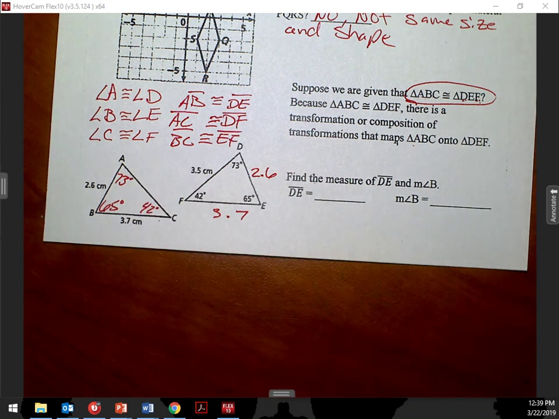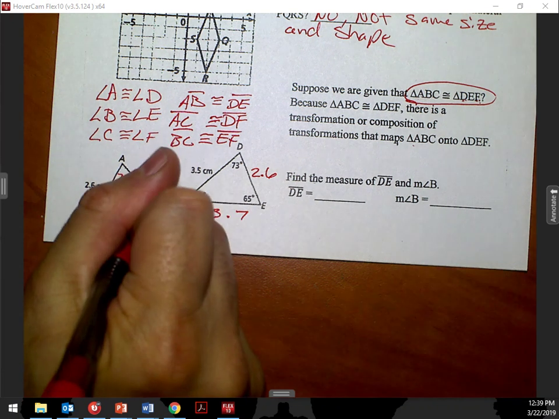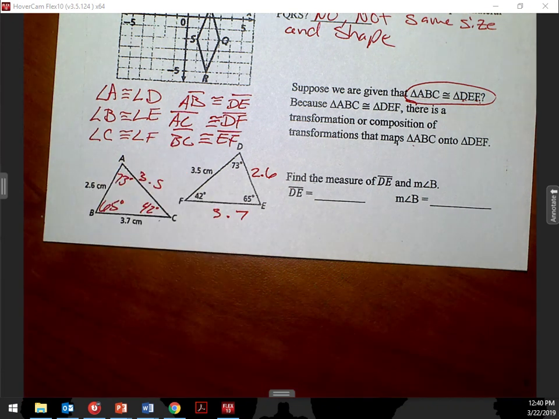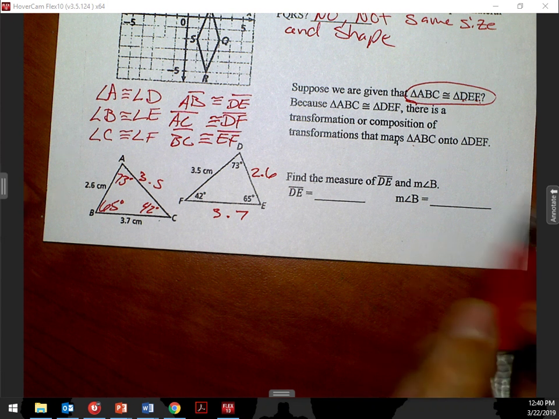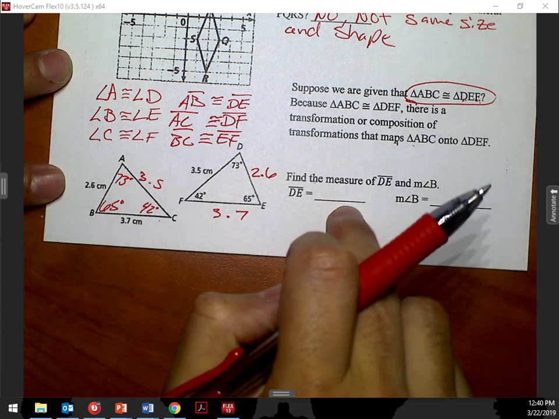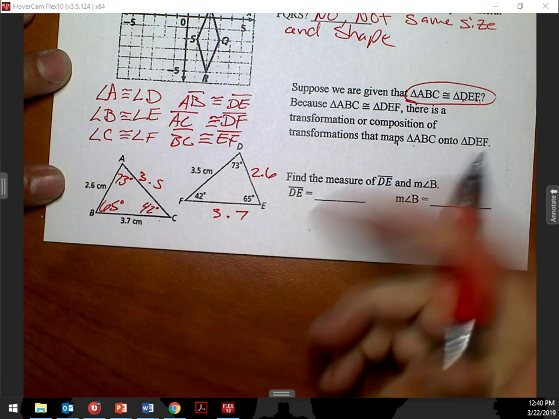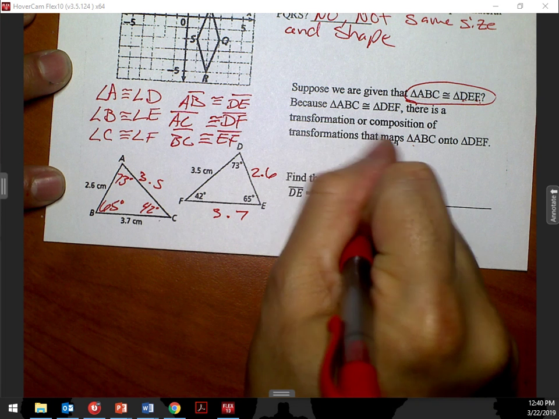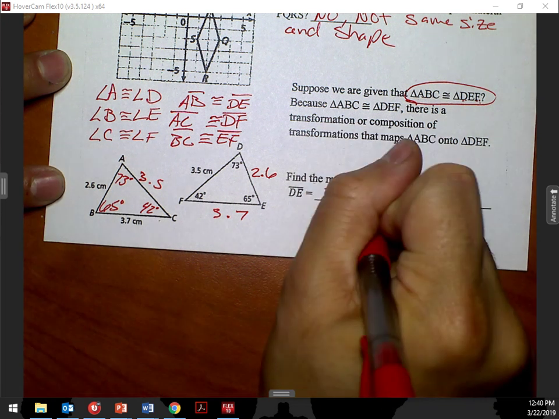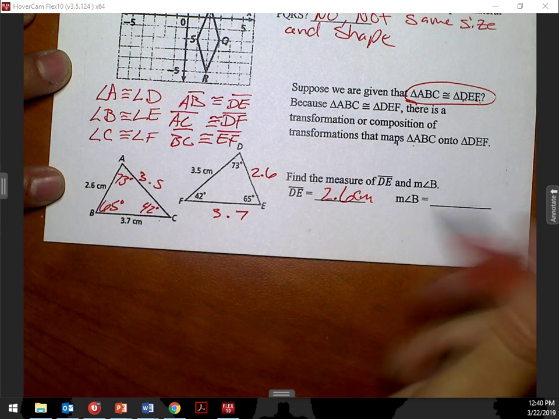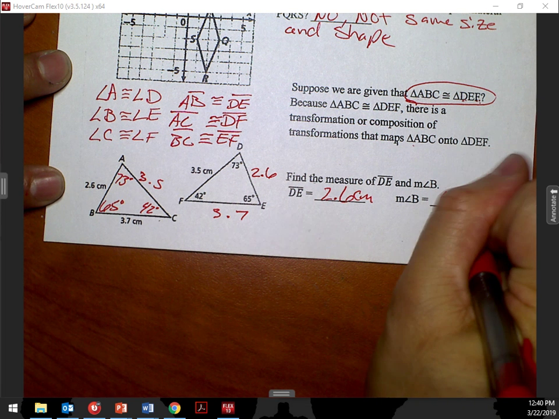And what is AC going to be? So given that information, you can find everything, right? Okay, so the fill in the blank said DE, so DE was 2.6 centimeters, right? Yeah. And angle B is 65.